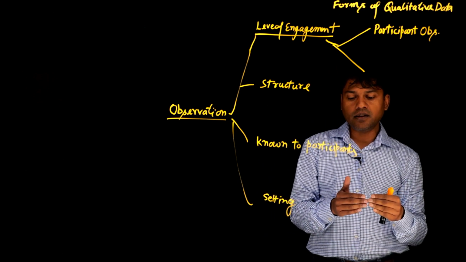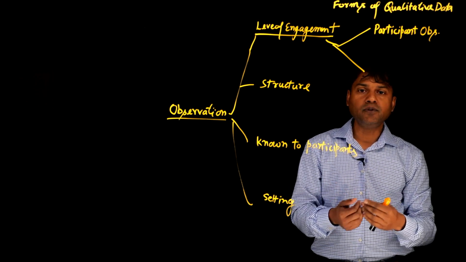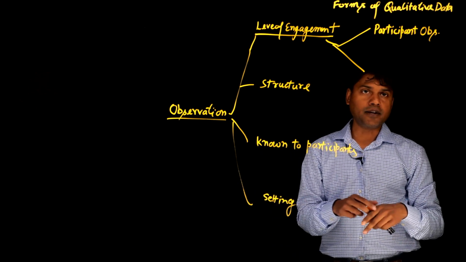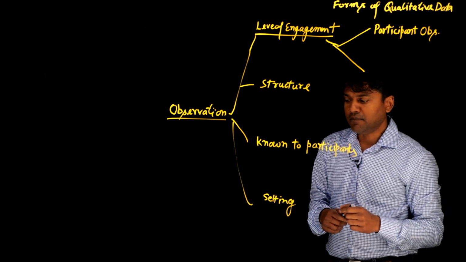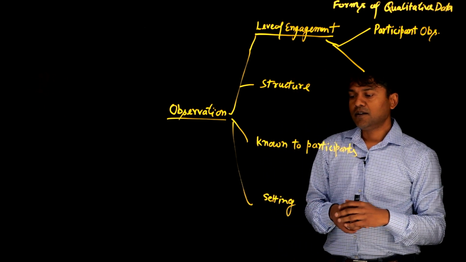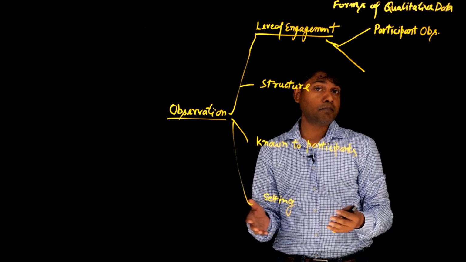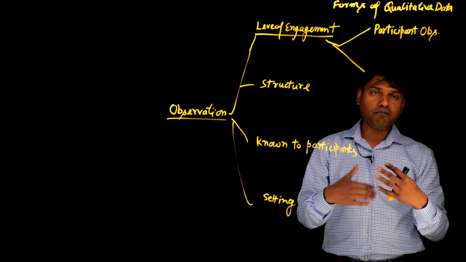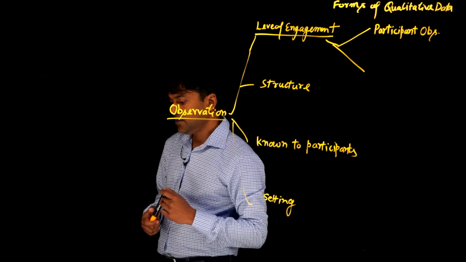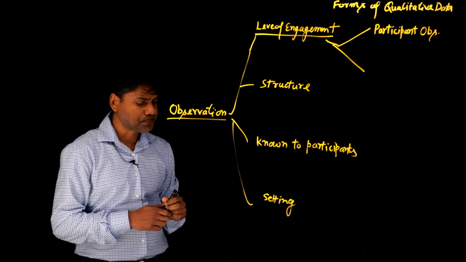I'm not only observing, I'm also being part of that activity, being part of that natural setting, and actively engaged with my research participants. So I'm doing the activity that my research participants are doing. I am equally participating as the other members, and that observation is called participant observation.